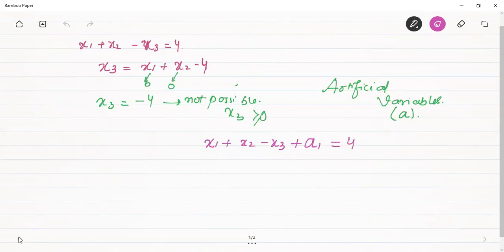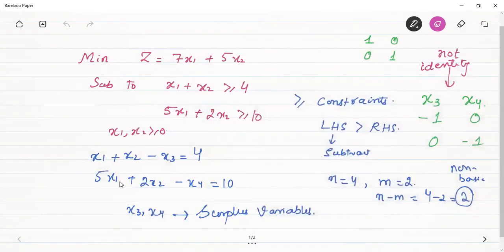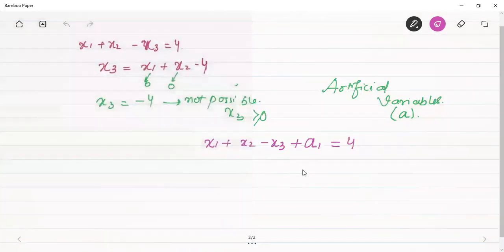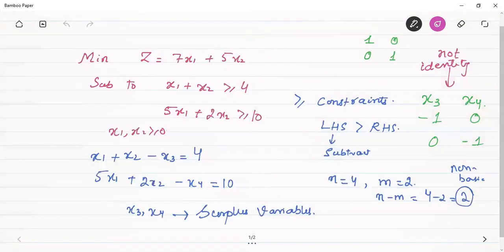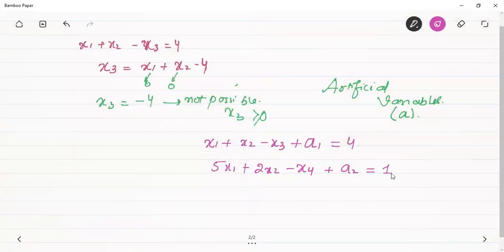And for the second constraint, I have to add another artificial variable: 5x1 plus 2x2 minus x4 plus a2. This should be equal to what? From the right hand side we have 10. So I have added two artificial variables here, a1 and a2.